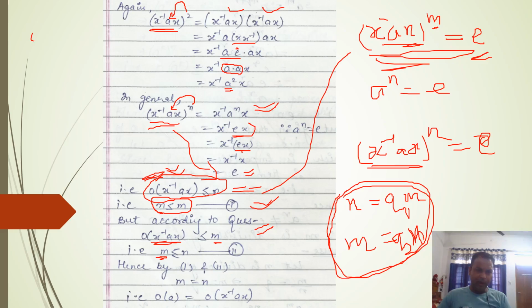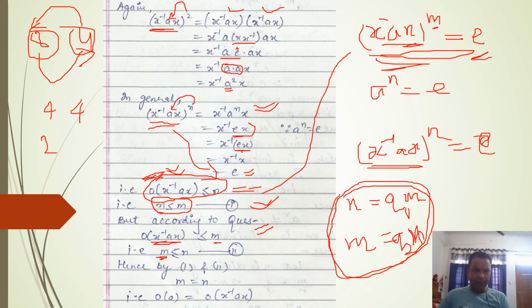Let us suppose you have 8 and 4, and you want to write that 8 is divisible by 4. Obviously you will get the answer 2. And you also want to write that 4 is divisible by 8. No, this will be wrong. 4 is not divisible by 8, while 8 is divisible by 4. If you want this cyclic relation, it will be true only in a single situation, that both elements are equal.